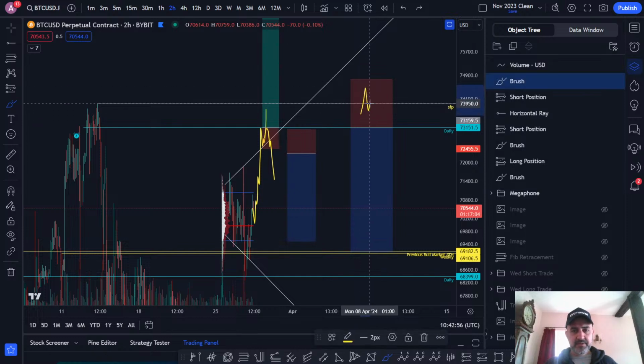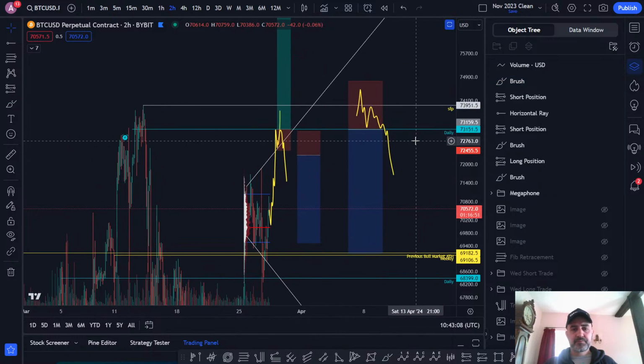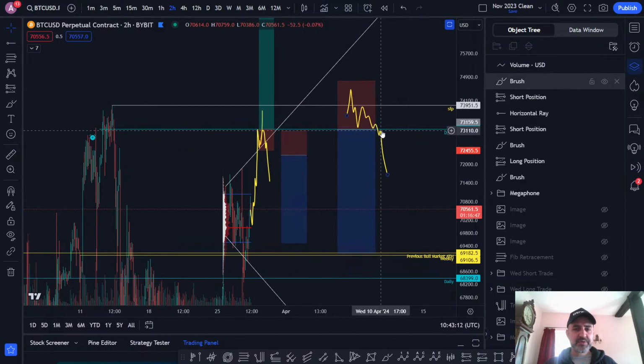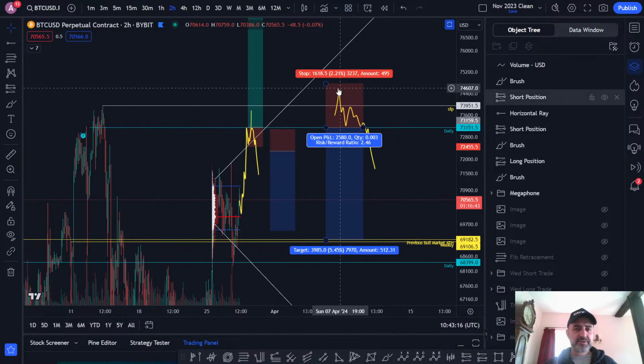Swing failure. Find resistance. Lose the daily level. That's your short. So you could short the swing failure. You can add to your short as you lose the daily level. That's your invalidation.